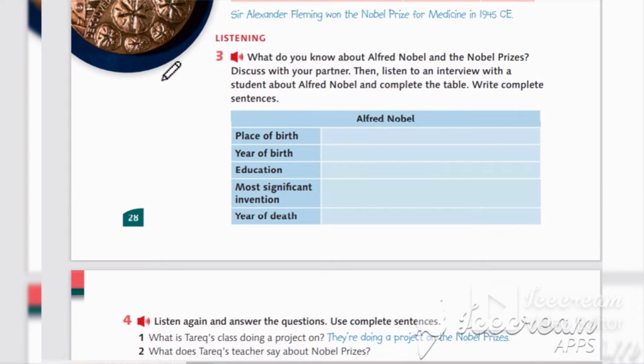He set up a laboratory يا مس مختبر, okay? With his brother Emil. So Alfred Nobel and Emil Nobel, okay? And they worked on producing a safe and useful kind of explosive. مادة متفجرة, okay?